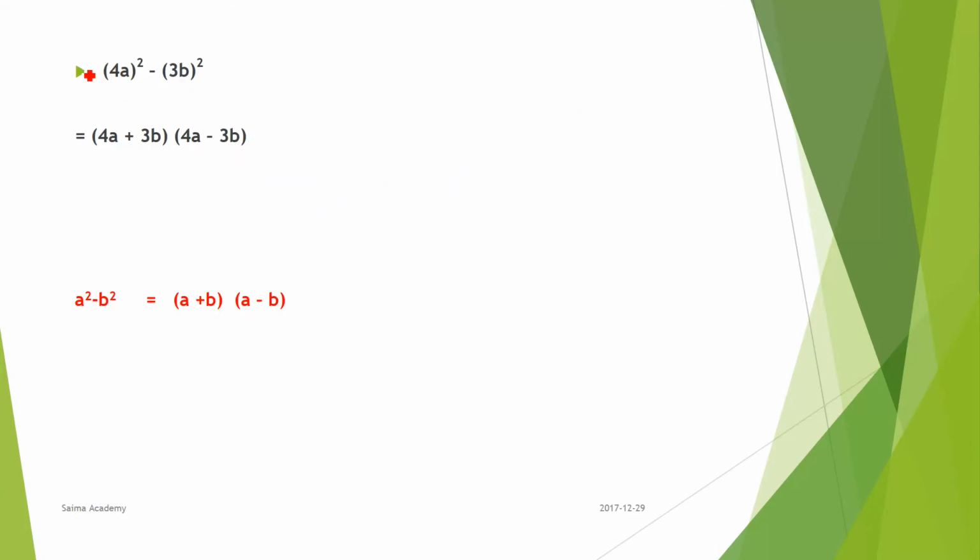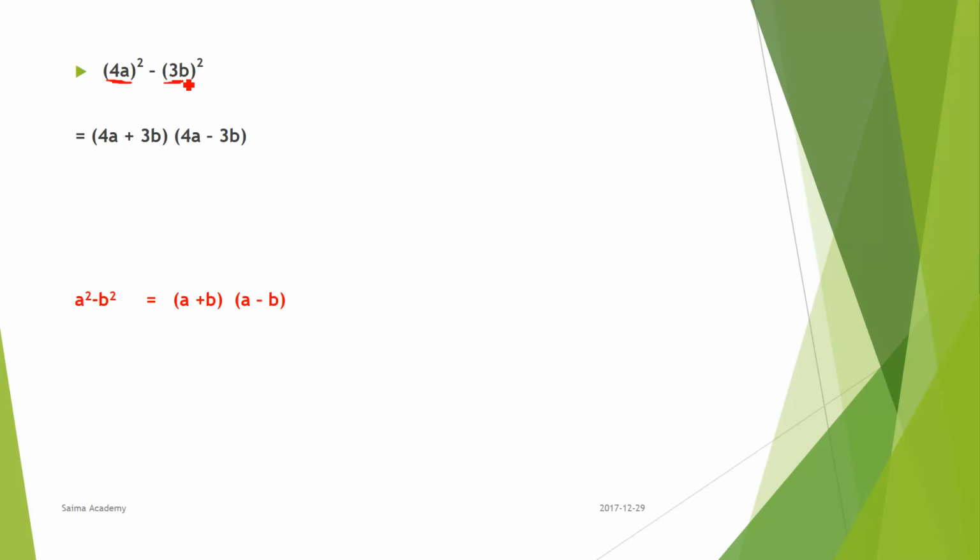One more question. 4a whole square minus 3b square. See, this is the a square, this is the b square. Instead of a we have 4a, instead of b you have 3b. This is the common formula. That's why I have mentioned a square minus b square. But whatever will be here, you have to consider a. Whatever will be here, you have to consider b.